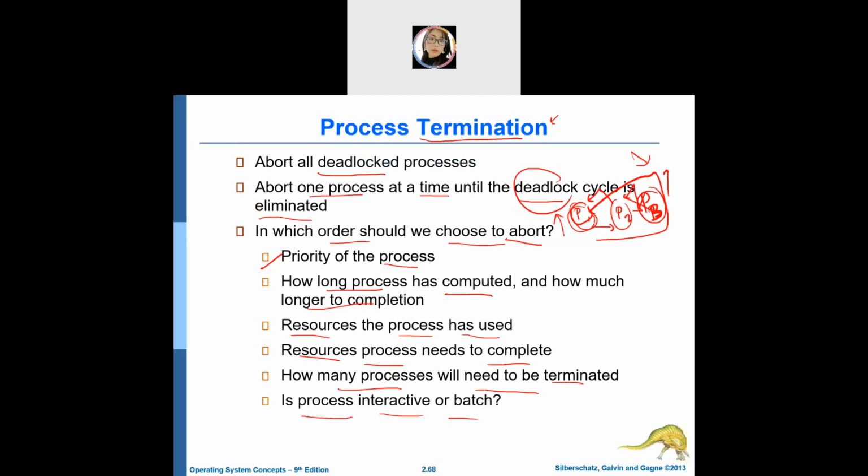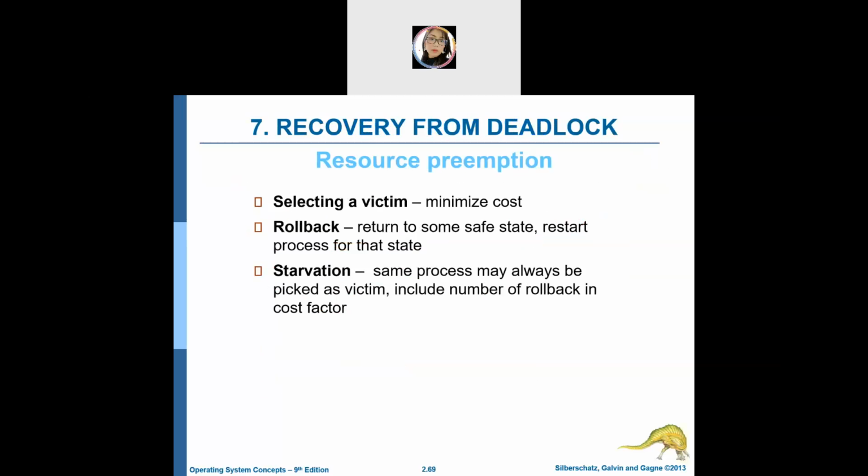We just looked into the flow and how actually you're going to terminate the deadlock. After you terminate it, it stops the deadlock. After that, you're going to try to recover from the deadlock.